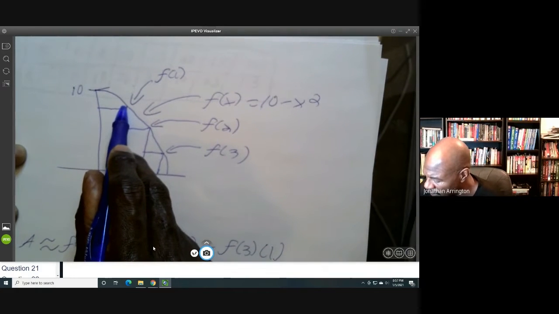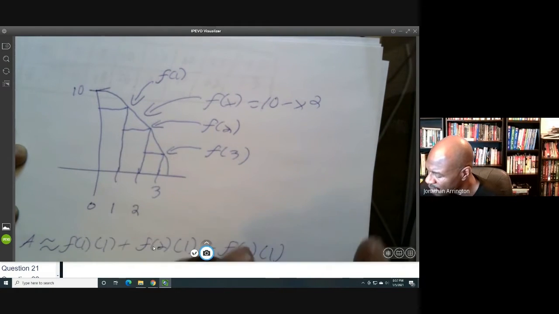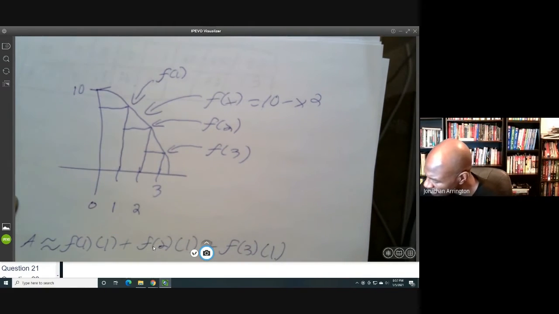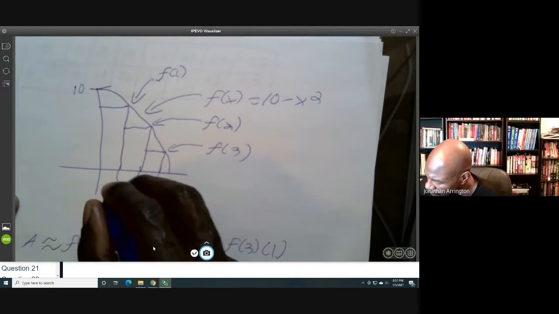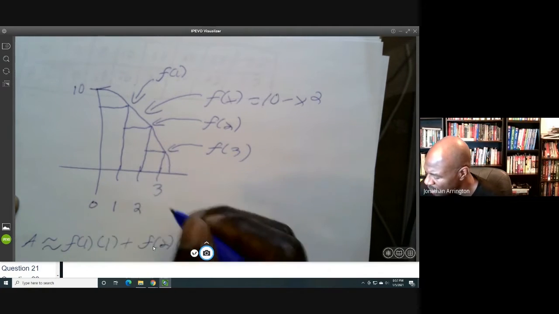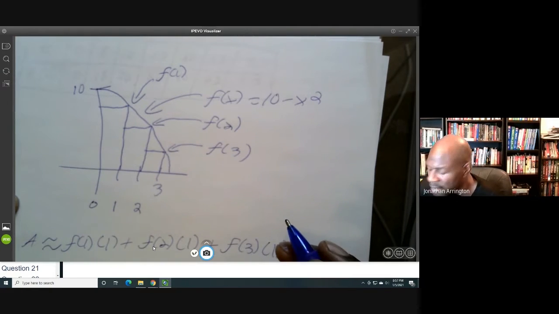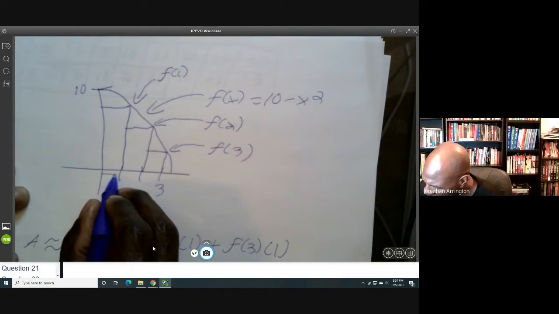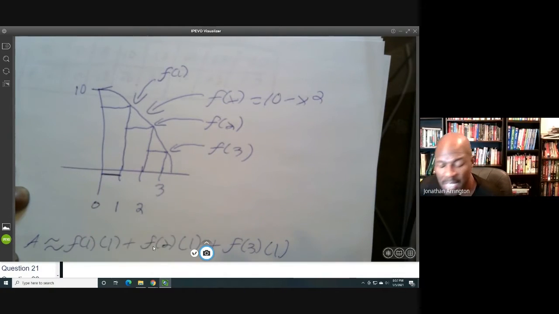We're going to do the same thing here with the table. The only thing with the table is that the width of each rectangle is not going to be the same. Here the width was 1, but it's going to be different for the table. The width of each subinterval is just the difference of the x values, or the independent values in that subinterval.